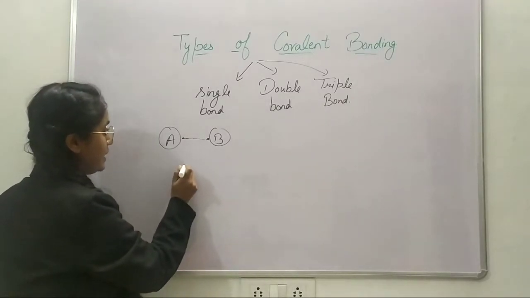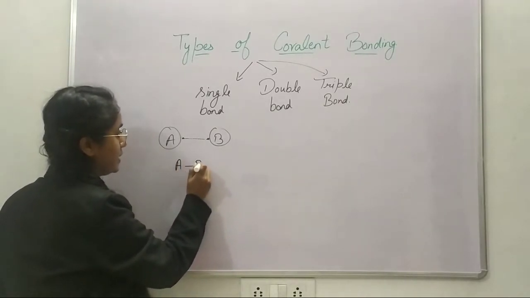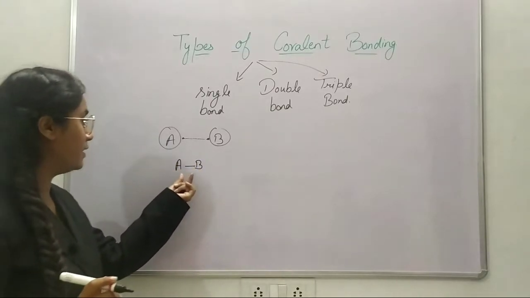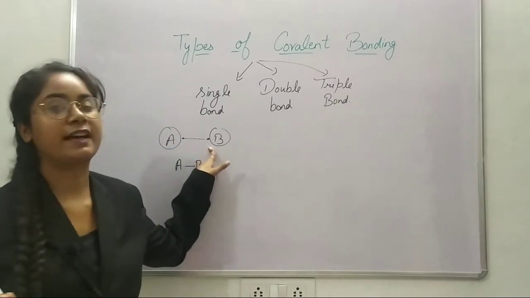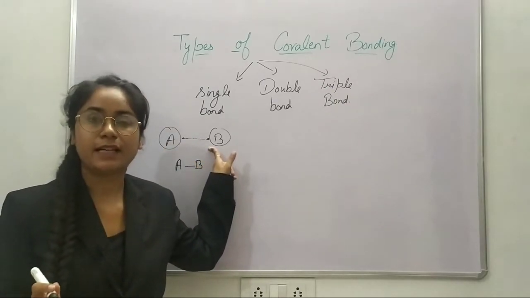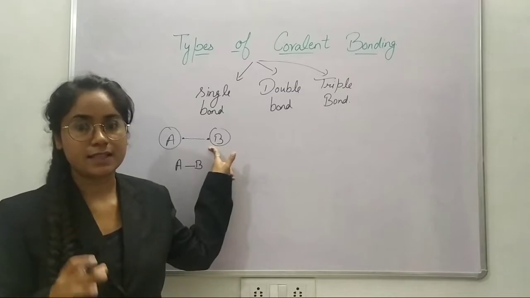Now this bond is a single bond. The single line shows that this bond is a single bond. Also, a single pair of electrons has been shared.